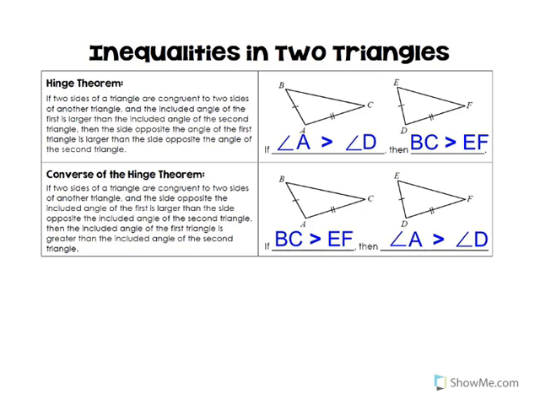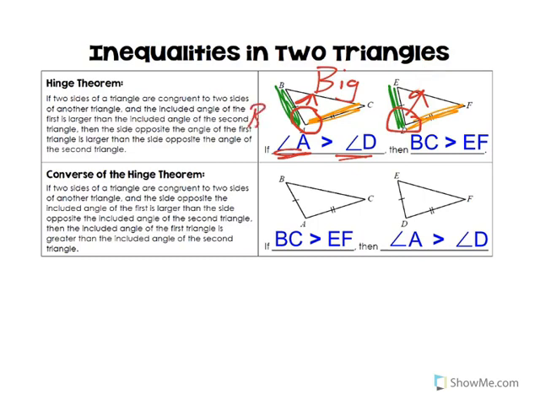So what that means is if you have two triangles and we've got two sets of sides that are congruent, so that's what we have right there, you can compare the third side by looking at the angle in the middle. So angle A and angle D. If angle A is bigger than angle D, then the side across is going to be bigger.